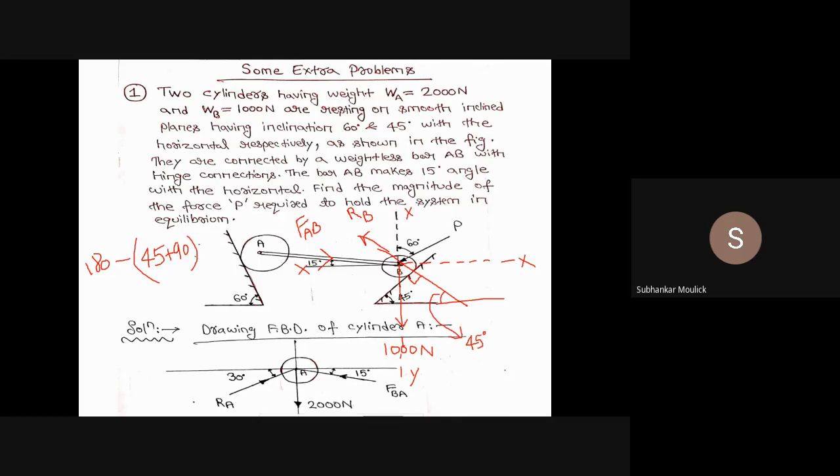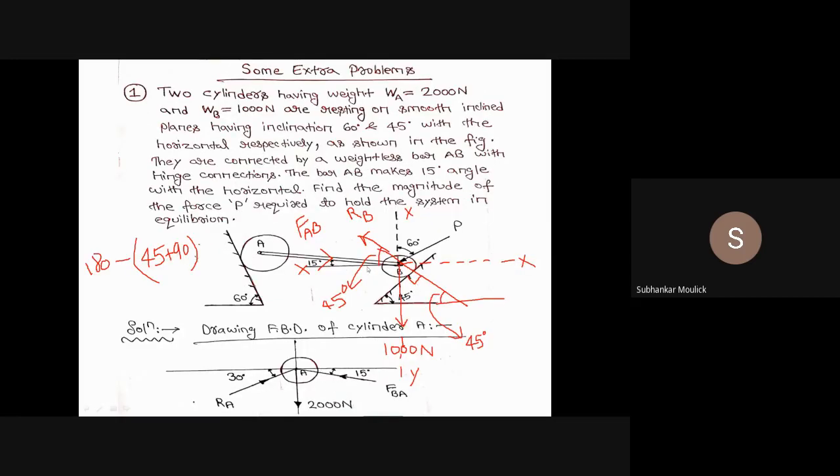Okay. Next, if this angle is 45 degrees, then this angle is also 45 by geometry. Yes or no? Yes, sir. This angle is also 45 by geometry. So see, RB, if this is 45, this angle is 45.